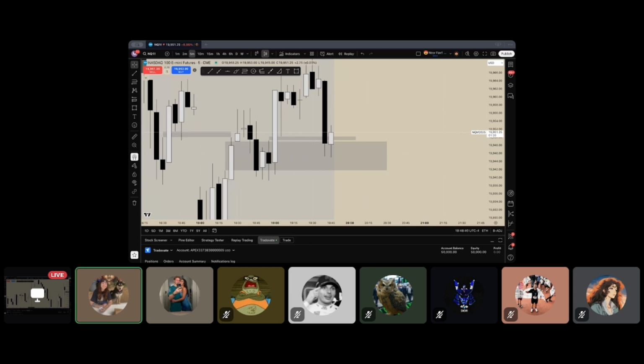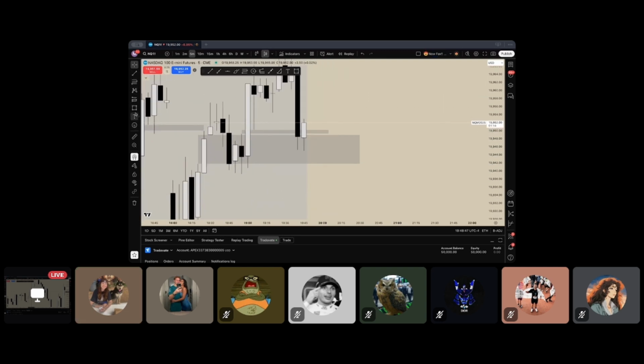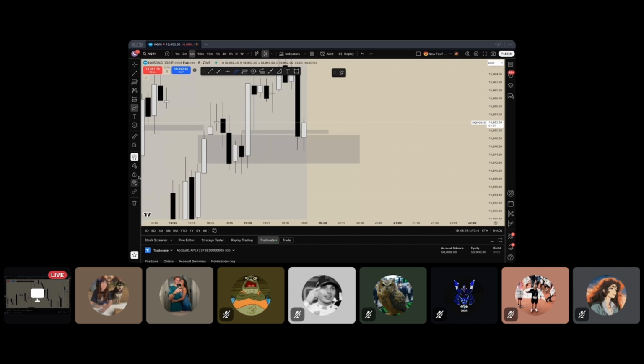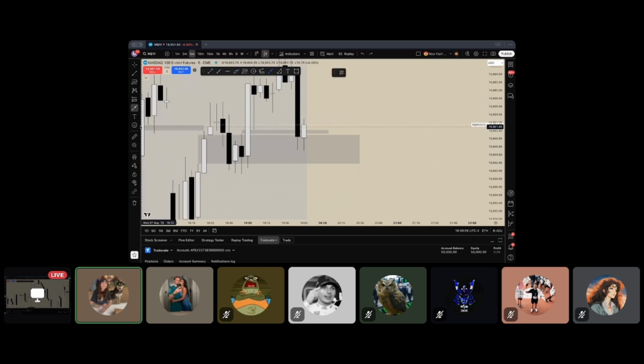So for a fair value gap to be invalidated, price would have to break below. It's gonna be easiest for me to... Okay. Turn this off. So from my understanding, the way I do it is price needs to break below. Okay.